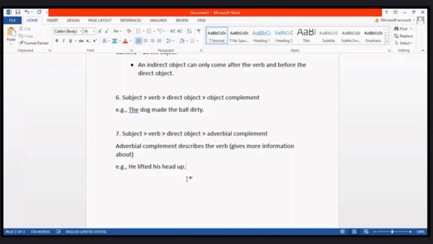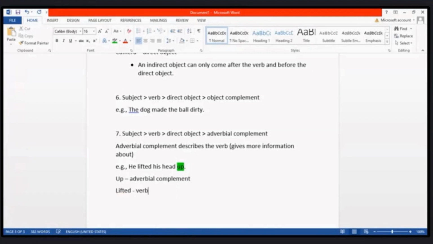So this up is kind of describing, or telling about, the lifting. All right, so this up in this sentence is the adverbial complement, and lifted is the verb.